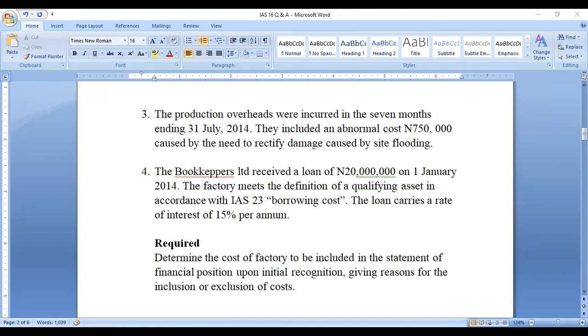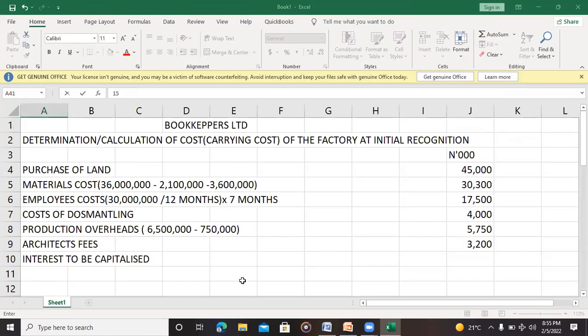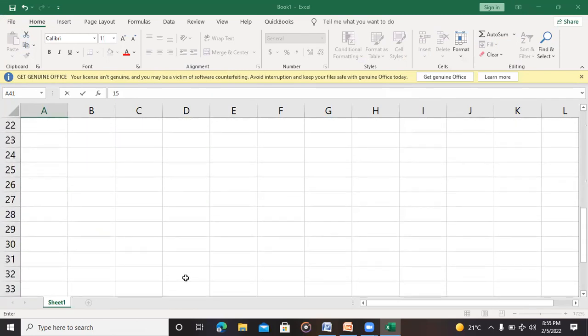15%. Can we see your Excel sheet? Oh, sorry, I thought I had shared it. Okay. Can we see it now? Okay, so let's do a little working. Interest on loan.